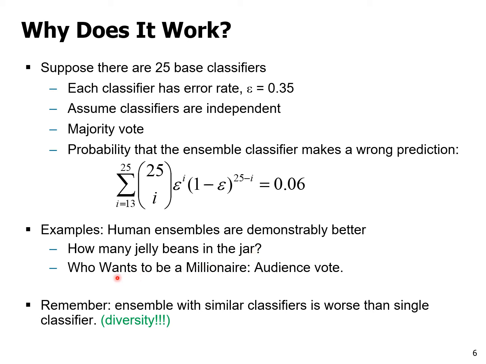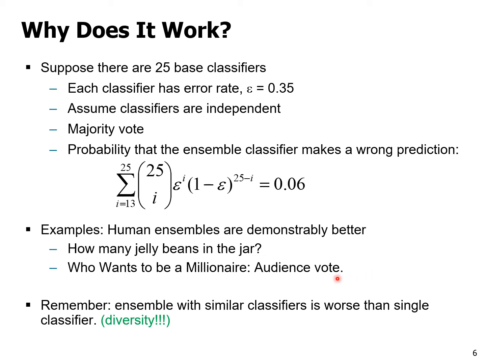Another example is the TV show Who Wants to Be a Millionaire. In the case of the audience vote, actually this is much more accurate than asking for help from an expert or friends.